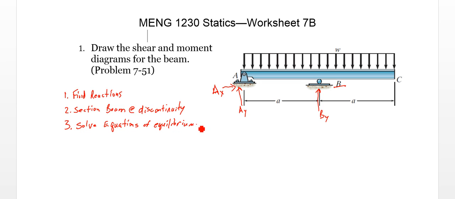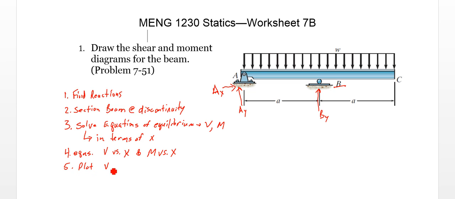And what we're looking for there is our shear V and our moment M. We'll solve these in terms of X, so we'll end up with a set of equations for V versus X and M versus X. And then 5, finally we will plot those equations, V versus X and M versus X.